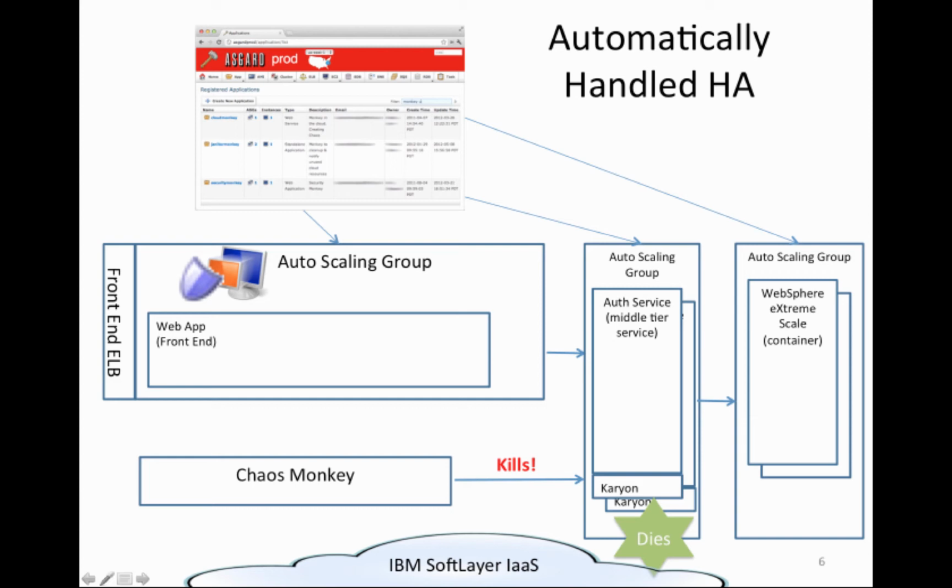So what we're going to do here is simulate that one of these auth services that we just brought up, either the original one or the new one, dies. So say that instance gets killed, or that availability zone goes down, or something along the lines where that thing is now gone and people can't talk to it anymore. We're going to use the port that we did of Chaos Monkey that will actually go into the SoftLayer cloud APIs and kill with extreme prejudice either the old one or the new one.